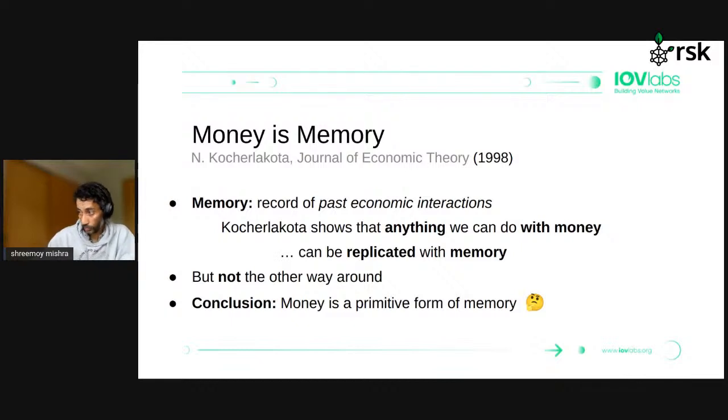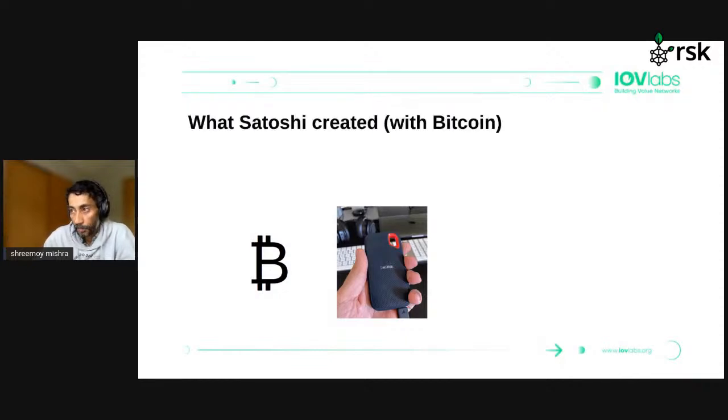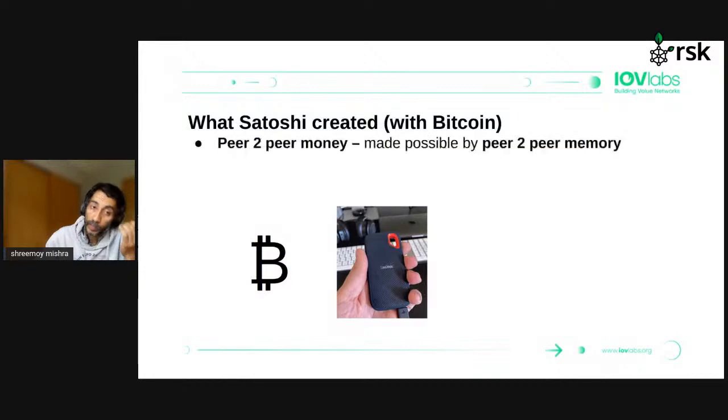And this matters for decentralized systems like Bitcoin and RSK, because essentially what Satoshi showed was Bitcoin operating as peer-to-peer money, but that was all entirely made possible by peer-to-peer memory. People running nodes, storing all these transactions, modifying the state, which in Bitcoin is just unspent transaction outputs.